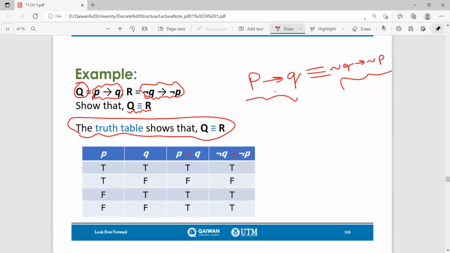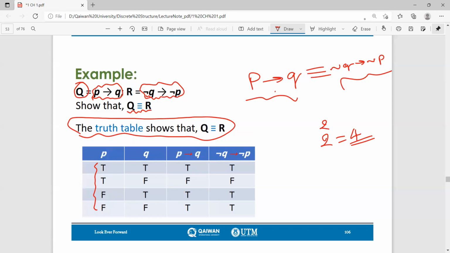Here we have only P and Q. That means we have two variables. So 2 to the power of the number of variables, here 2, means we have 4 rows. For P, true, true, false, false.